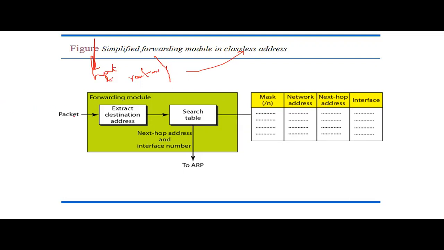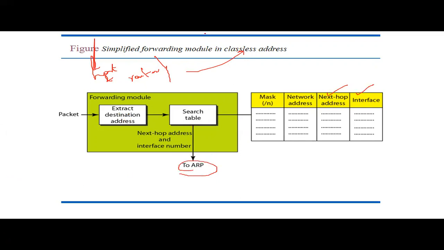Whenever a packet is being sent, the destination address is extracted and searched against the network addresses in the table. From there, you get the next hop address and the interface, which is forwarded to the address resolution protocol to be sent to the next hop or the next router.